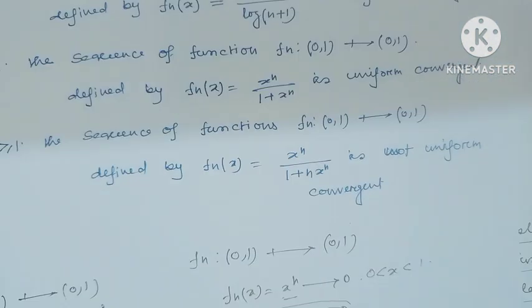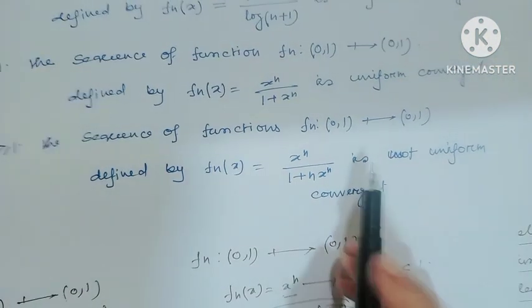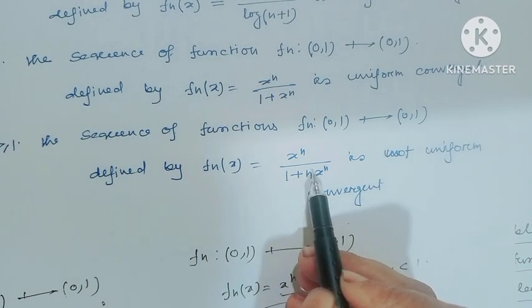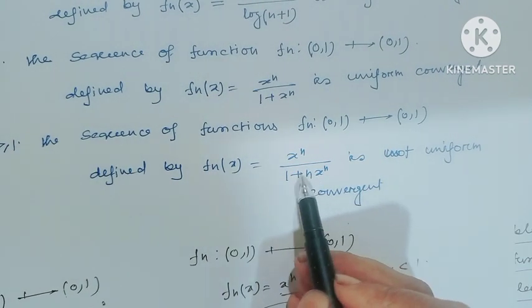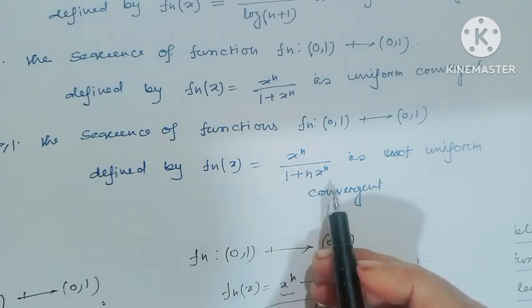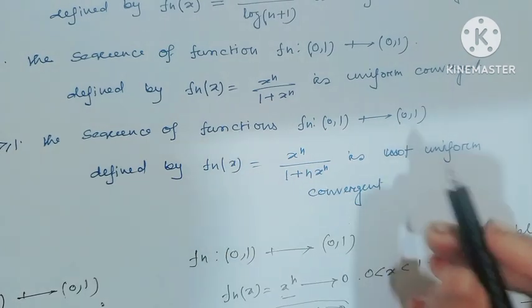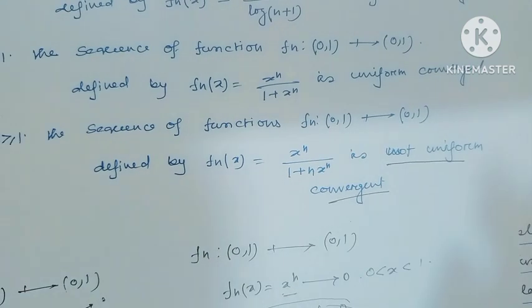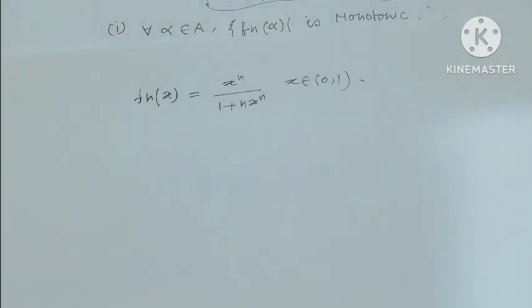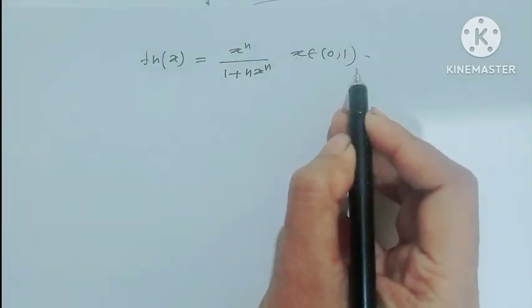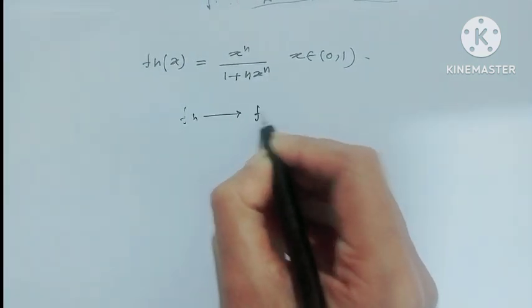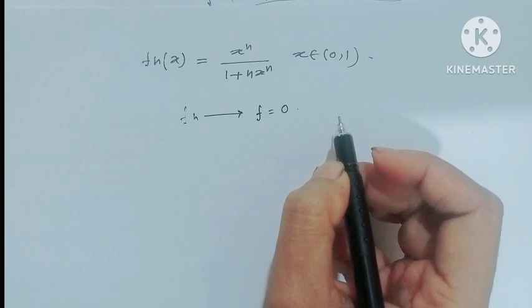And option 4: here also fn is defined from the open interval (0, 1) to (0, 1), and the sequence of functions is x to the power n over 1 plus n x to the power n, and it is indicated that it is not uniformly convergent. Is it true? Obviously, since x belongs to the open interval (0, 1), fn converges to the function f equal to 0 pointwise.